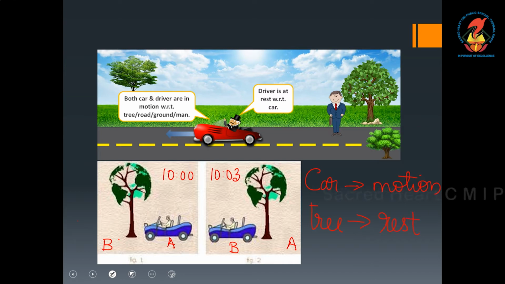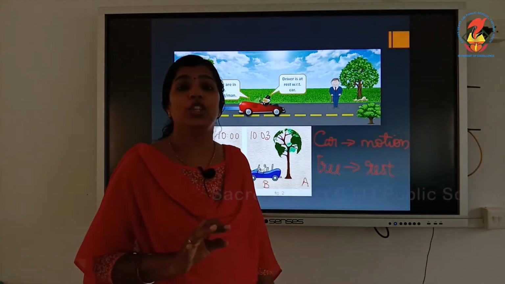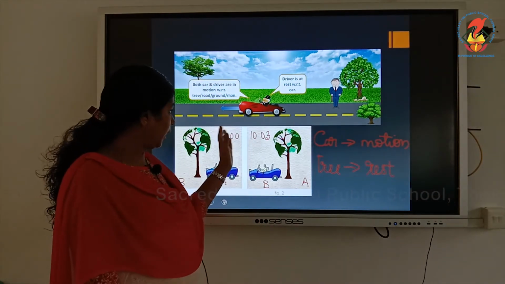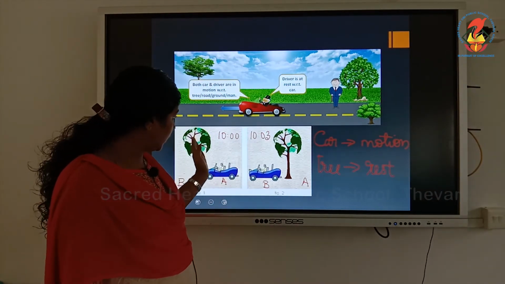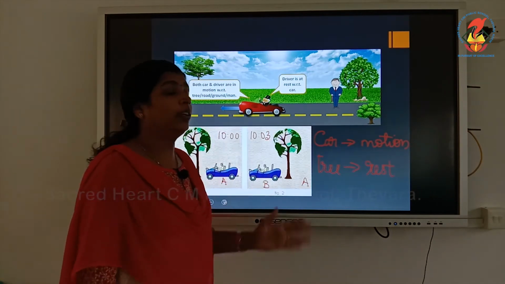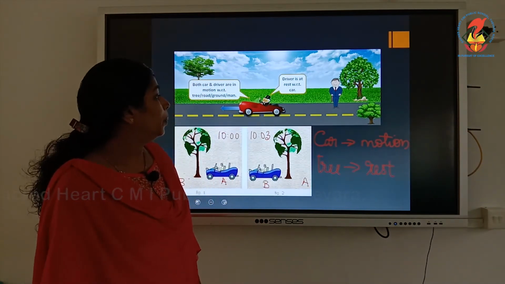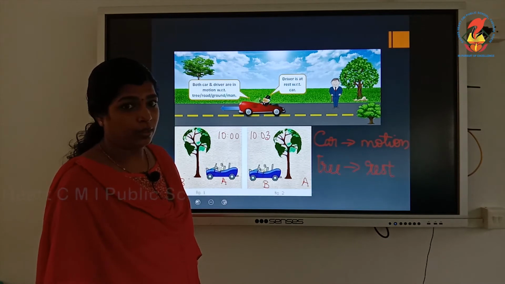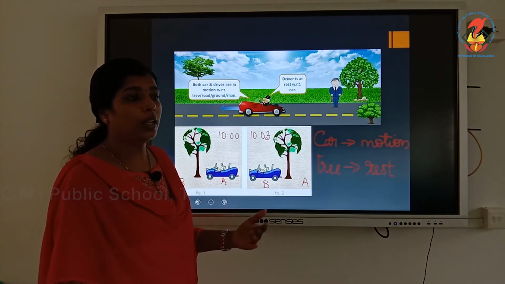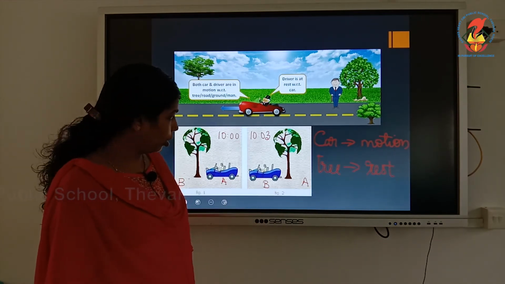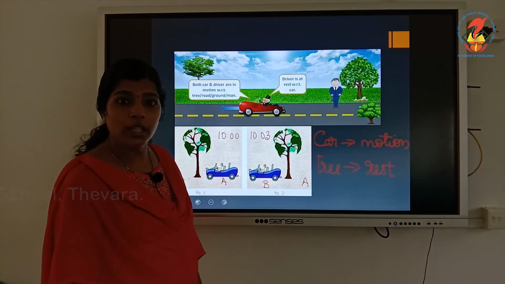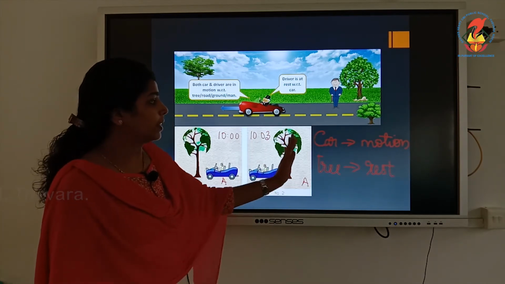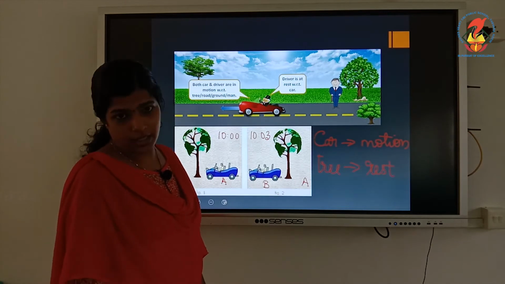The tree is not changing its position from 10 a.m. to 10:03, meaning 3 minutes after 10 o'clock, the tree is not changing its position. So we will say that the tree is at rest.